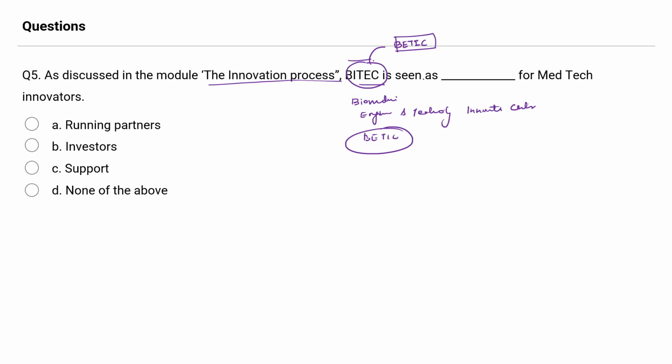But BITIC is seen as dash. This is a blank, and you have to let me know what blank it is. As discussed in the module, the innovation process, BITEC is seen as dash for medtech innovators. Is it running partners? Is it investors? Is it support? Or is it none of the above? We've got one vote for running partners. BITEC is seen as dash for the medtech innovators. Medicine technology innovators. So how the BITEC is seen is what you need to tell.